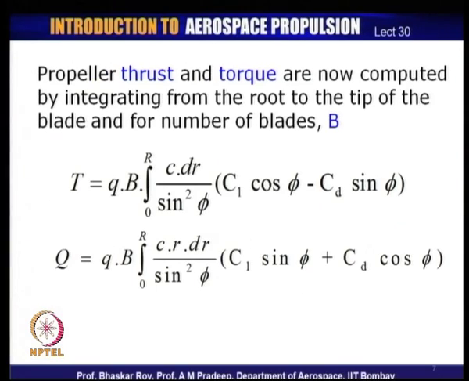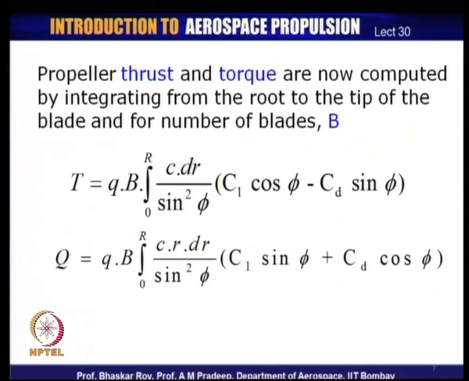If we now try to put it all together, as we have seen, the blade is a blended version of all the aerofoils put together, and when all the aerofoils are put together, you get a total propeller thrust and the total propeller torque.